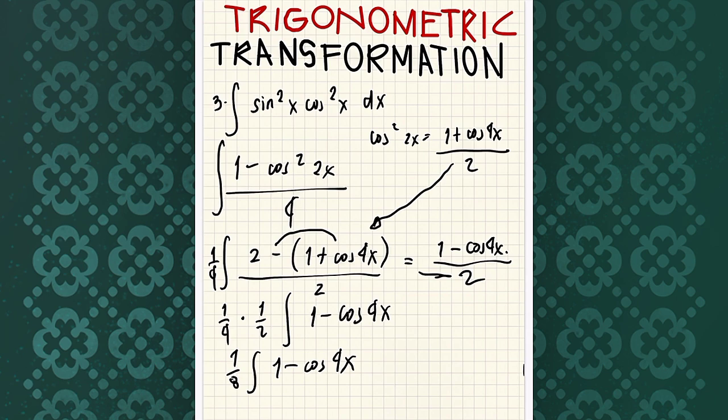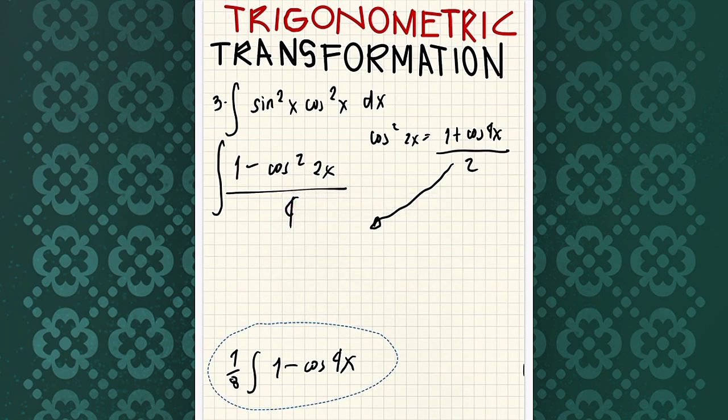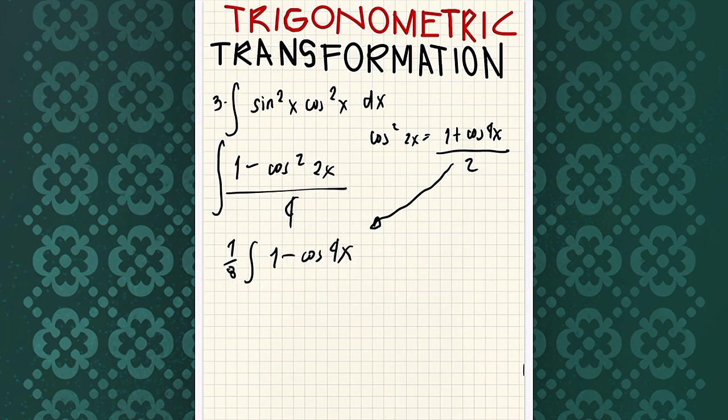So let's delete this first. So the integral for 1 is x, because the integral of 1 is equal to x, and the integral for cos 4x is equal to sine 4x over 4.